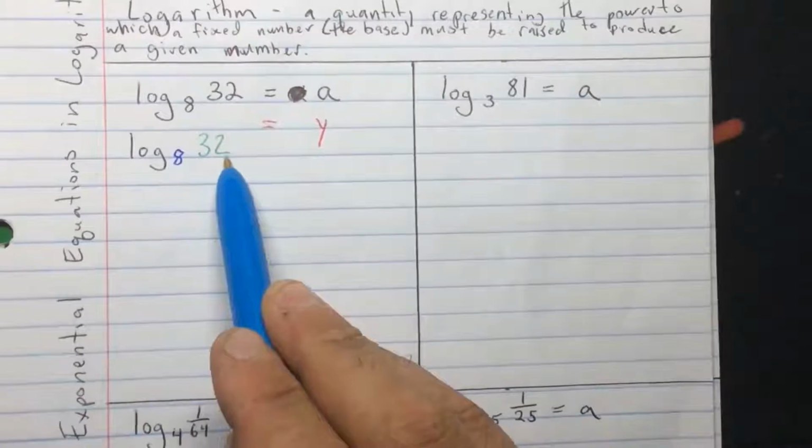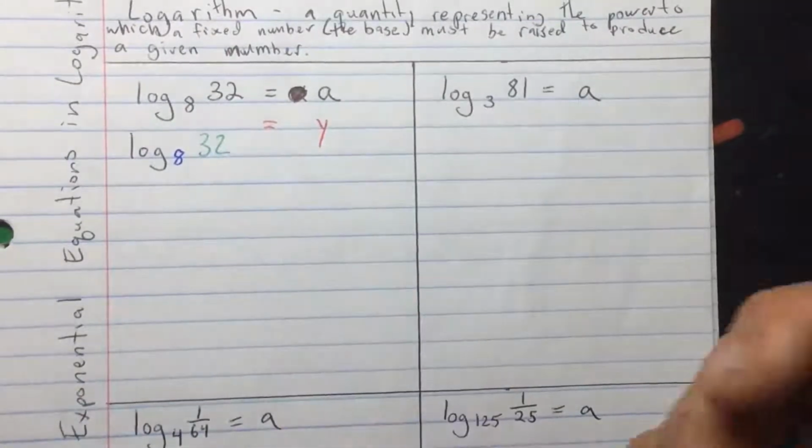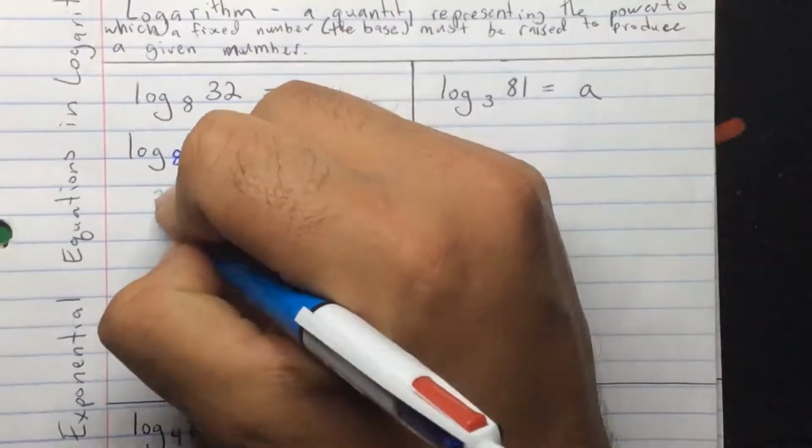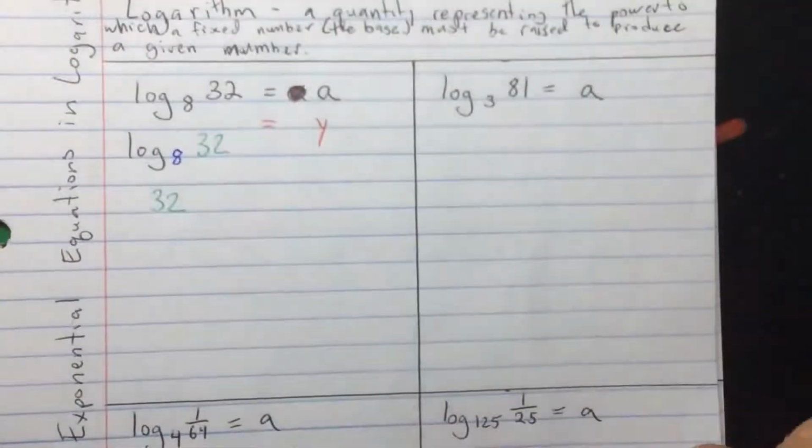So log base 8 of 32 is equal to y. If you look up on the top, you can see the formula x is equal to b to the y, and our x is our 32. So our 32 is going to be here.